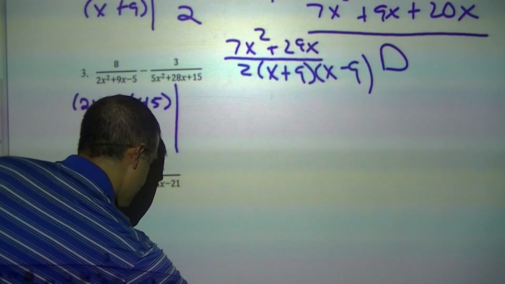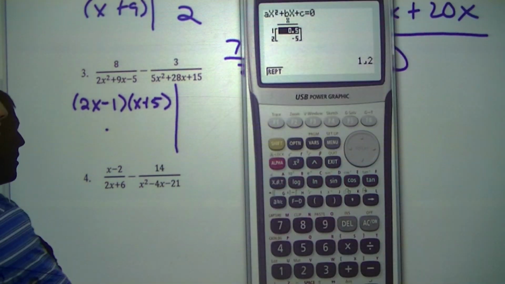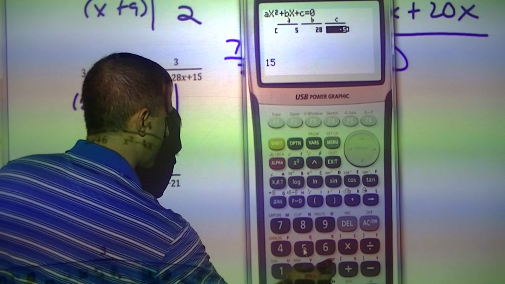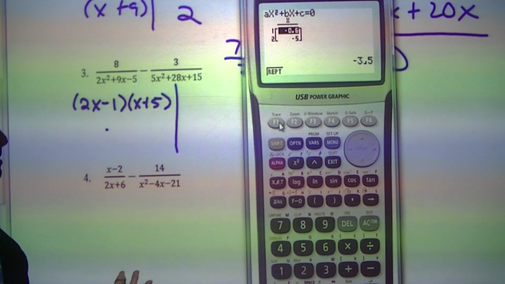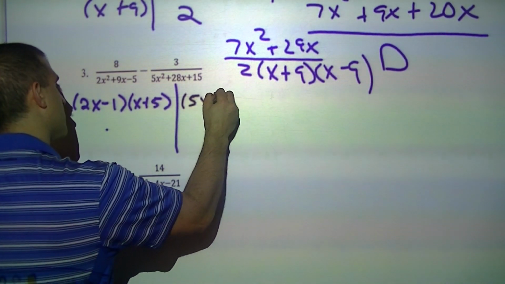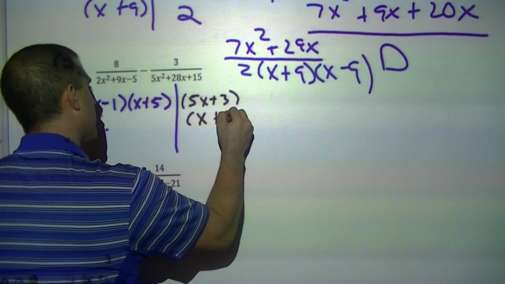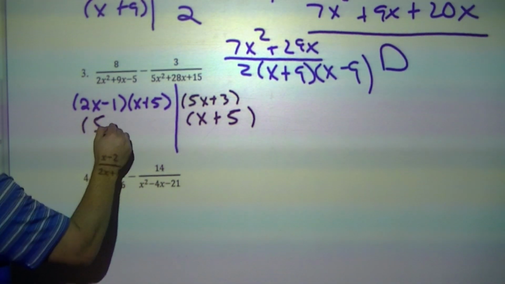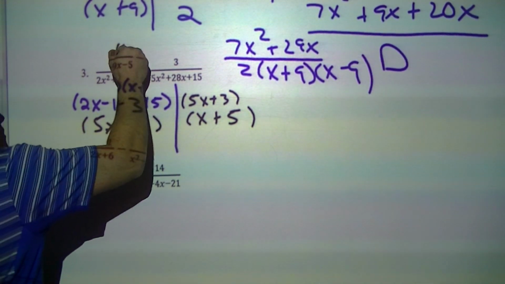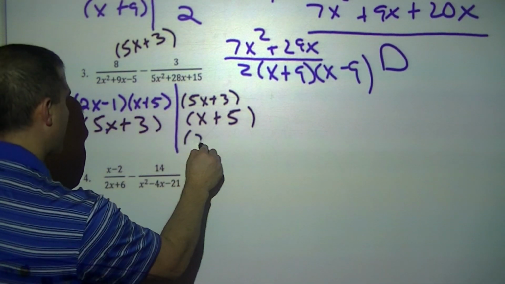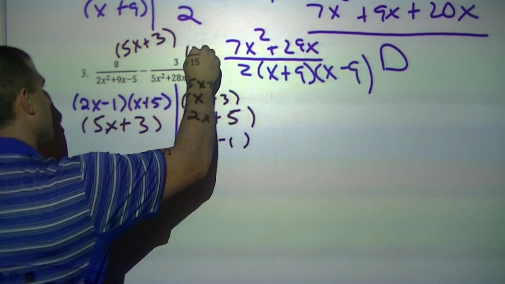On the other side, I'm going to do 5, 28, 15. That's going to be 5x plus 3 and x plus 5. So I got to look at what this side is missing. The only thing this doesn't have is 5x plus 3. What is this side missing? Well, 2x minus 1 is the only thing this side is missing.